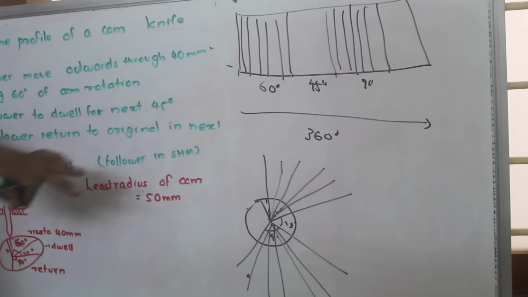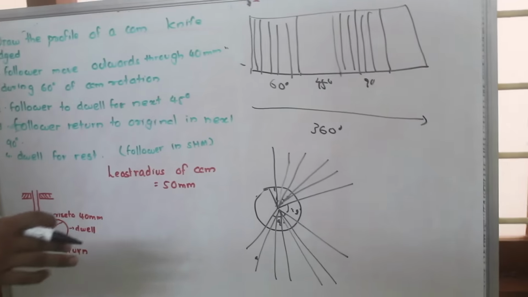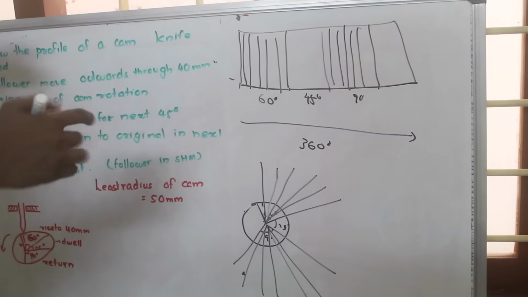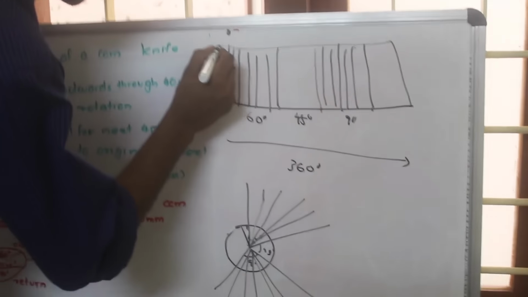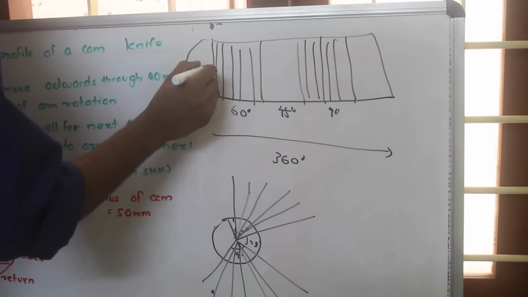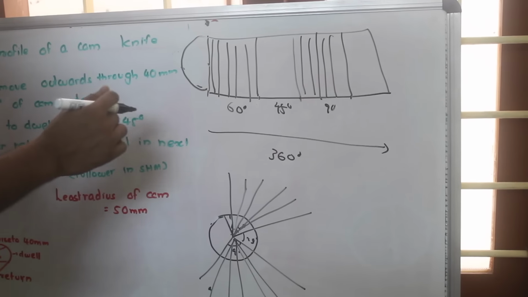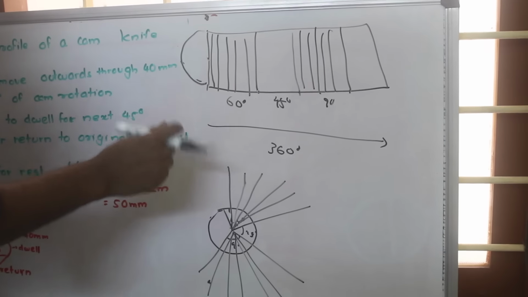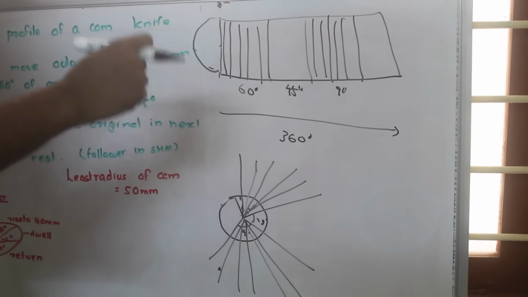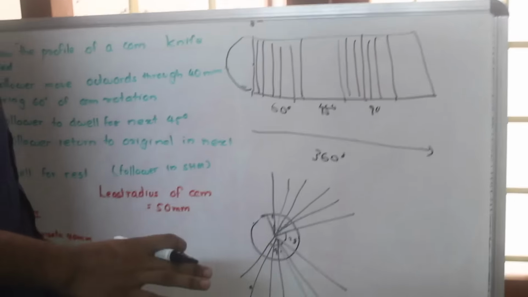Now we know the follower is following an SHM motion. So in order to impart the SHM motion, we will draw a circle like this, and this is actually the half circle. Here we want to find the motion of the follower during this 60 degree and during this 90 degree.